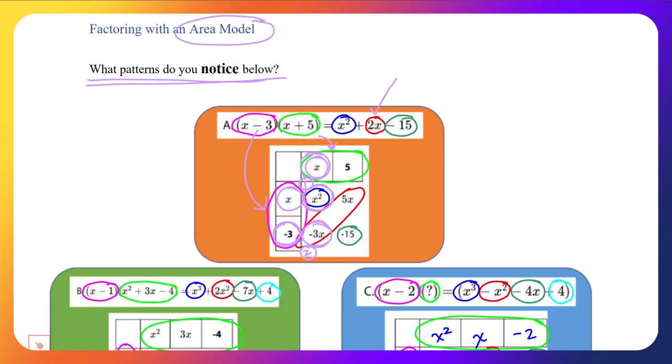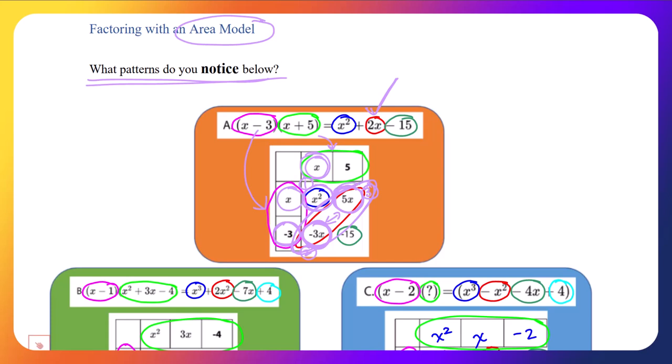Then to make this red circled 2x, this red oblong has to make a 2x. We already have this negative 3x, so if I put a 5x here for step 3, add them together, I'll make my 2x.